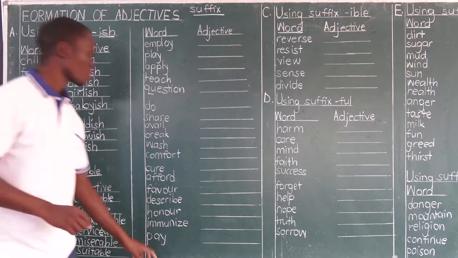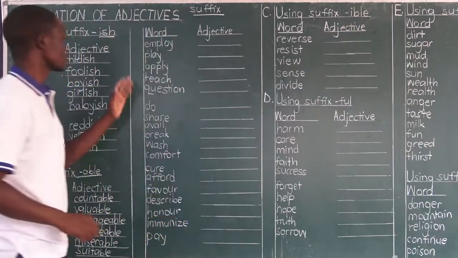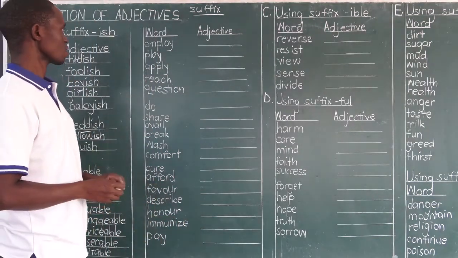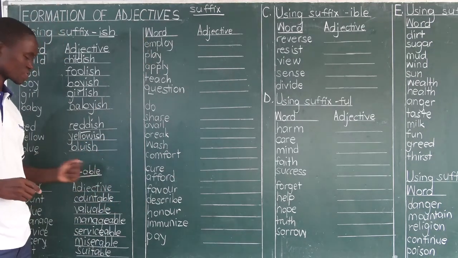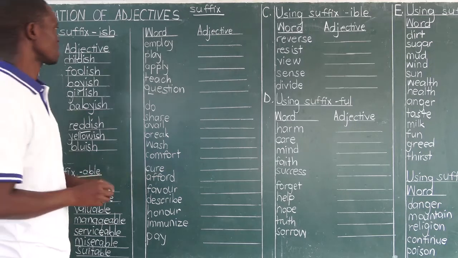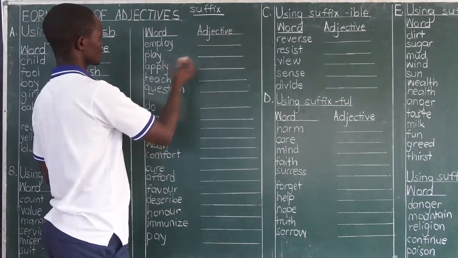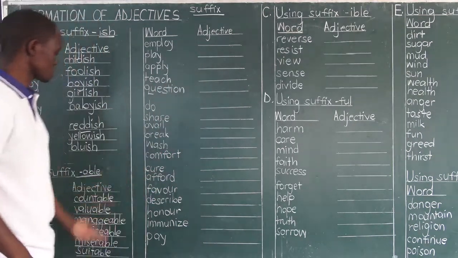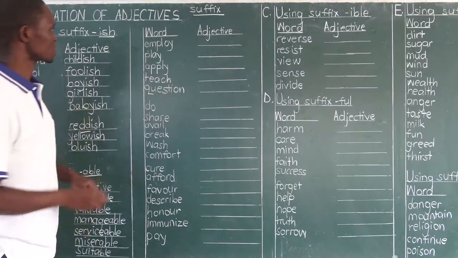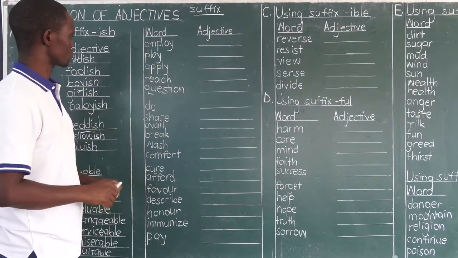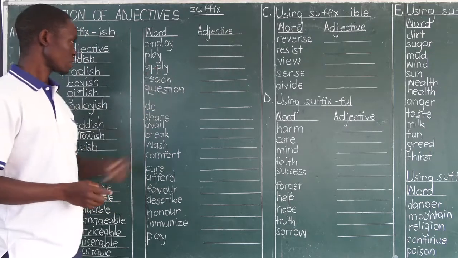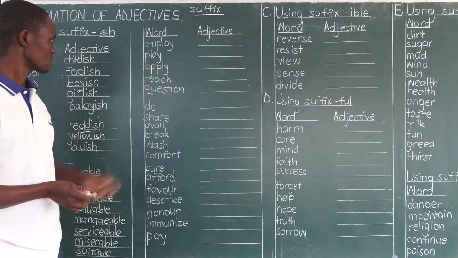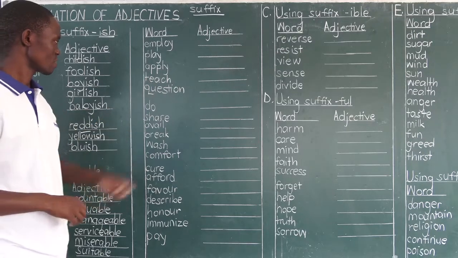The next column continues with the same suffix. Here we have employ. We are still using A-B-L-E as our suffix to form adjectives. From employ, you are able to complete that list now. Play, you are going to try. Apply, we are going to try. Teach, you will try.